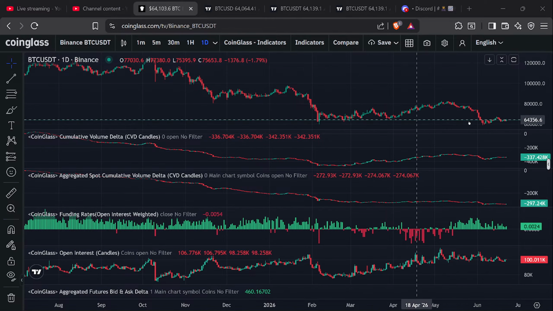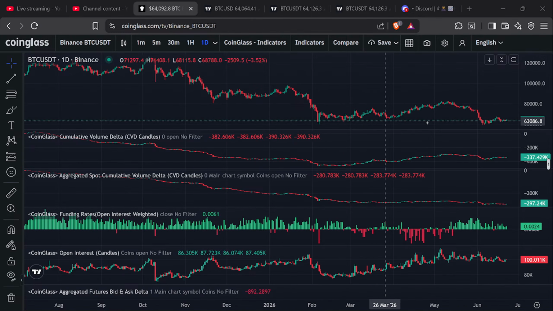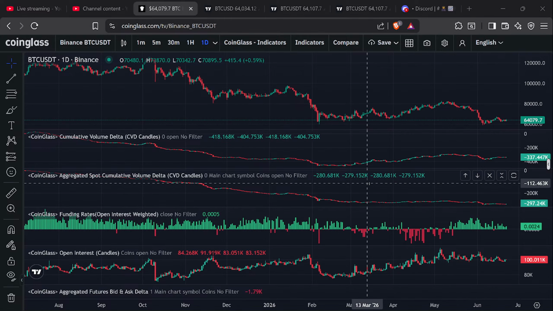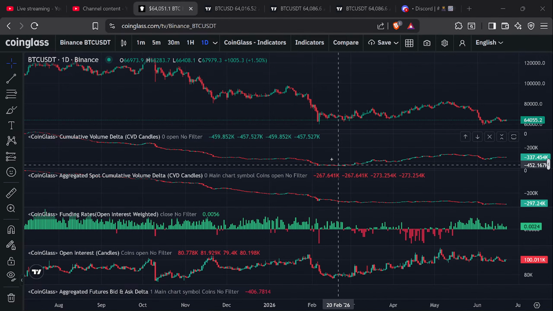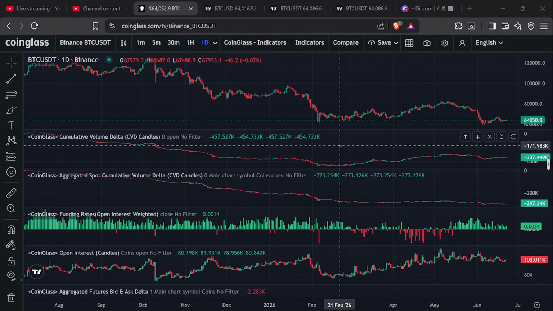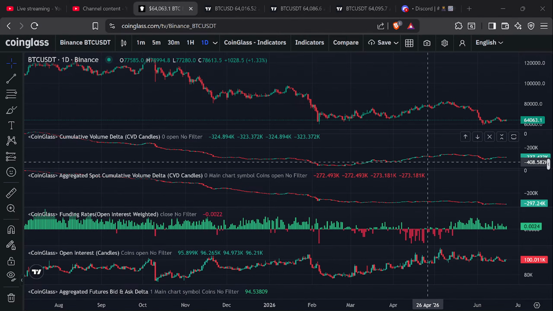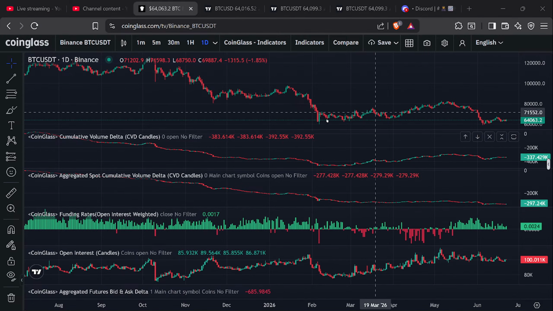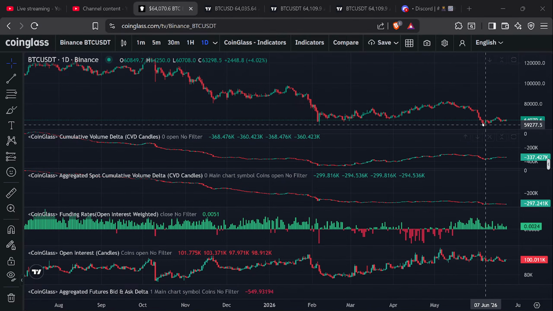And it's a lower low than here, so we have it going down, and then if you have a look at the CVD, this is for futures, this is spot. For the futures, it's made a higher low. Okay, so some divergence there.